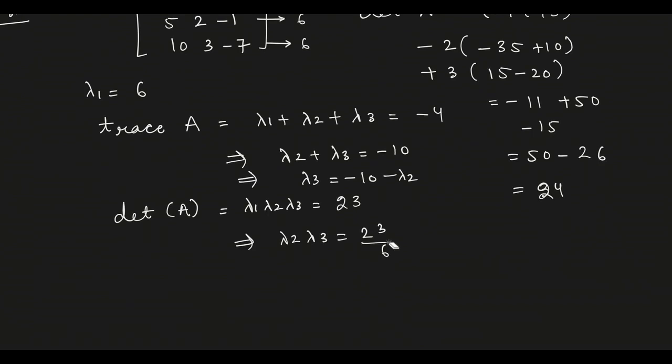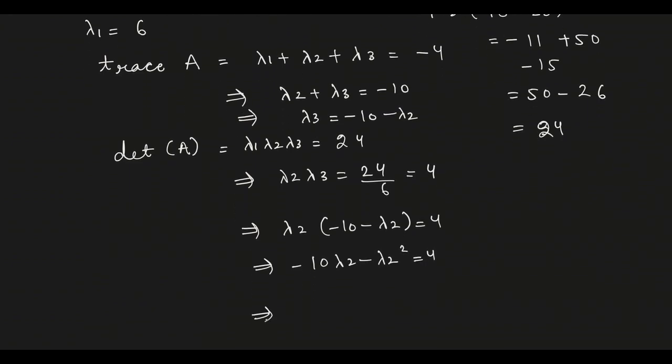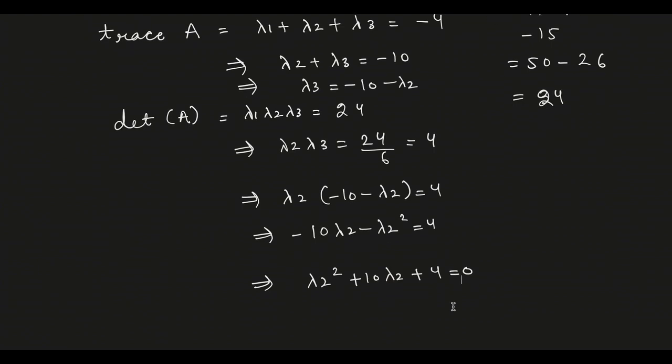I was thinking that 23 by 6 looks odd. It is 24 by 6. Now from here lambda 2 can be easily computed and lambda 3 can be computed very easily. Okay.